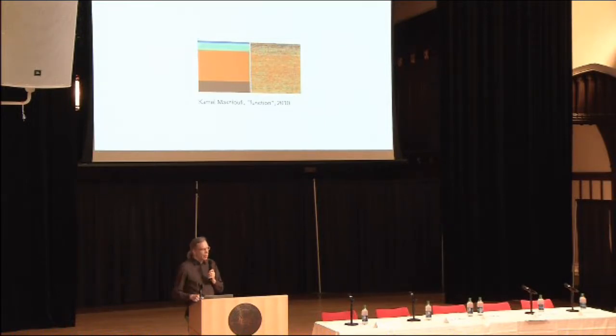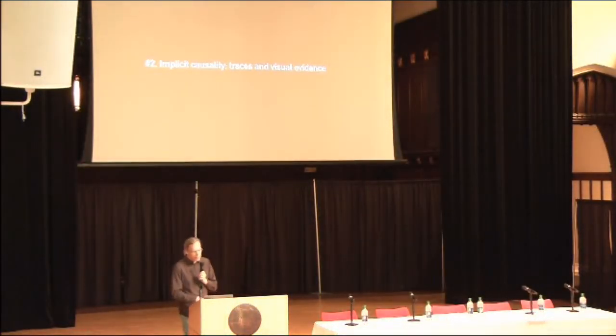So there are many indexical strategies that we can use in information design. Another thing is that we associate traces with evidence, and visual evidence is a very important thing in visualization. So we always try to make the case for evidence.